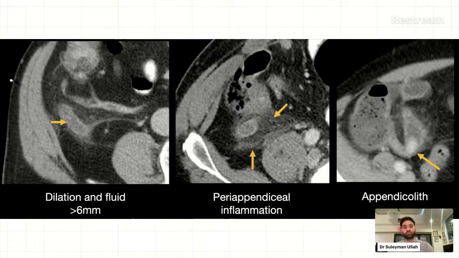You will see this with all types of inflammation: inflammation of the kidneys, inflammation of the gallbladder, inflammation of the descending colon in diverticulitis. You will see this with many different conditions. So that's something to look out for as well, and something you become more experienced with as you get more experience looking at these scans.